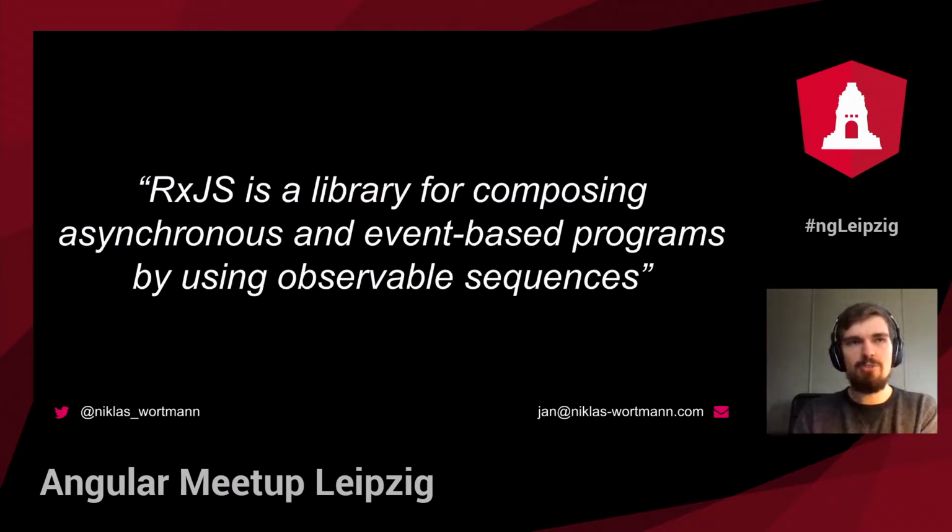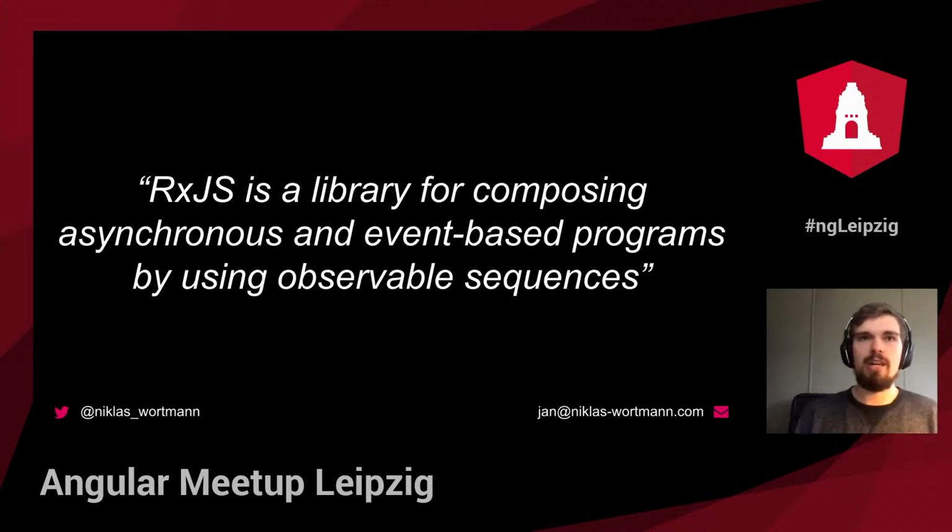So first of all, to introduce this properly, RxJS is a library for composing asynchronous and event-based programs by using observable sequences. That sounds good, and it's actually the reason why I came up with RxJS-Web. Because web APIs are mostly asynchronous or event-based.